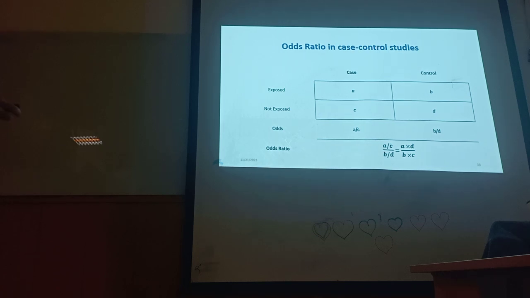What about in case control studies? In case control studies, we have cases and controls. We have exposure in cases and exposure in controls. Again, odds ratio is A multiplied by D divided by B multiplied by C. Previous slide, please.